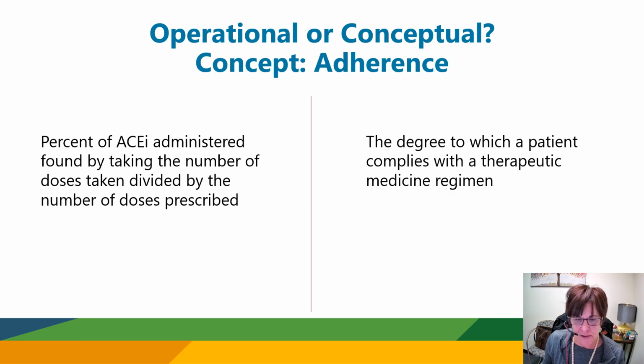So would you say that the percentage of ACE inhibitors administered, found by taking the number of doses taken divided by the number of doses prescribed, is this operational or conceptual? Really, that's operational. So they're telling you exactly how it's being measured, all right?